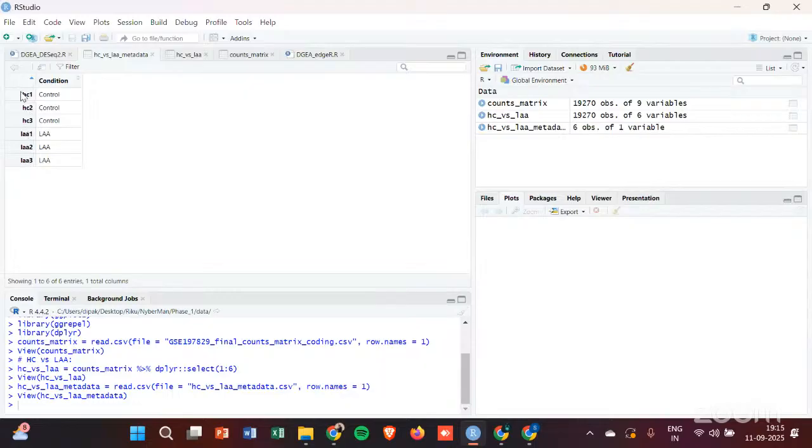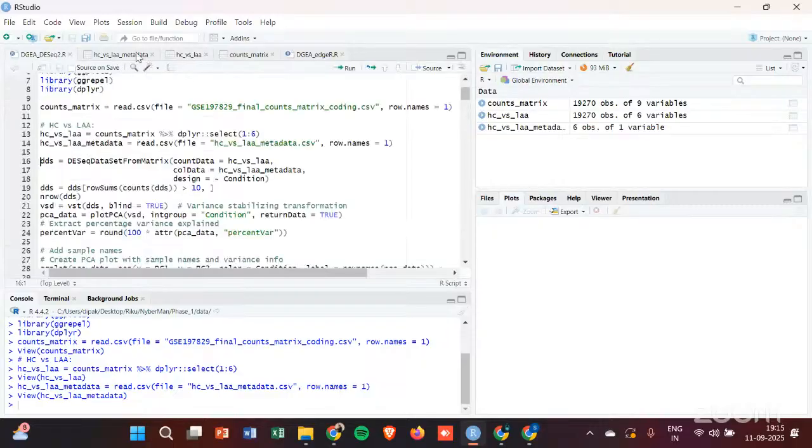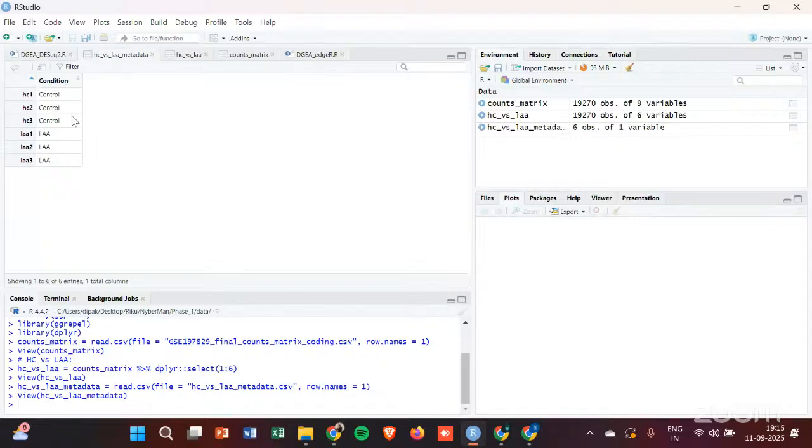Make sure these sample names are the exact names that will be there in the columns of your counts matrix. That is very important for DESeq2. Then you will have another column which tells the condition. And make a note of how you're writing the condition for each of them, because these will matter when we are setting up the DESeq2 object.